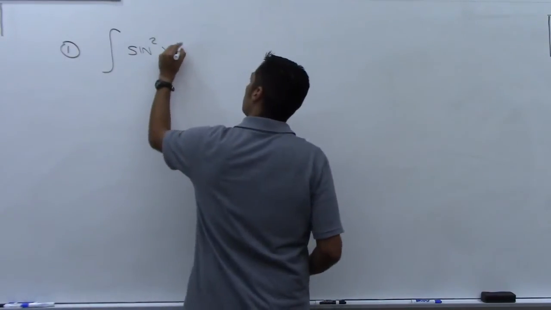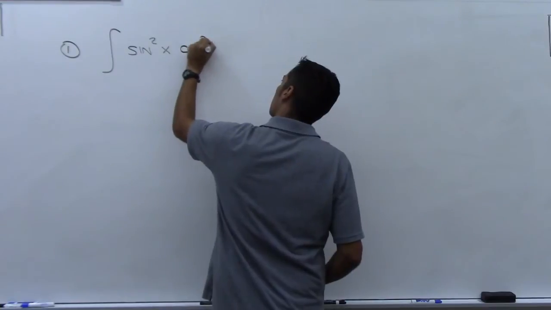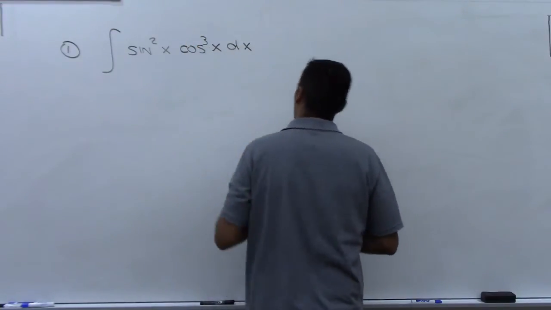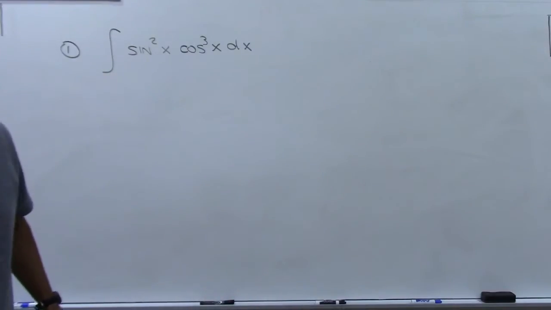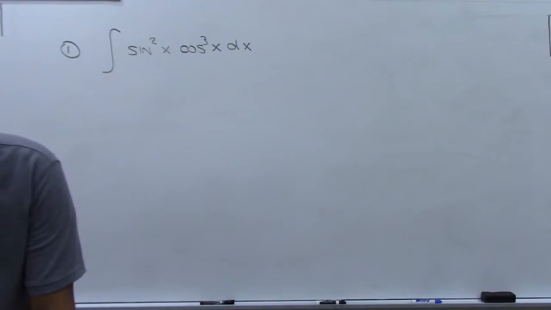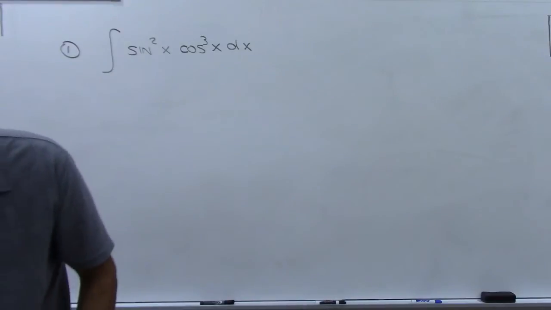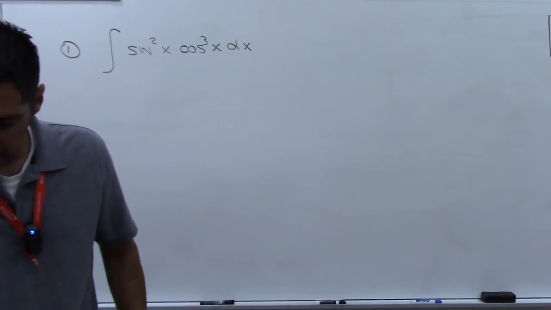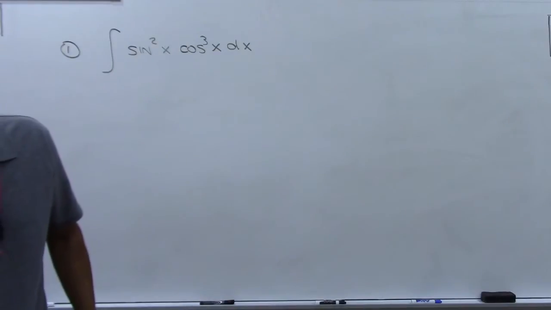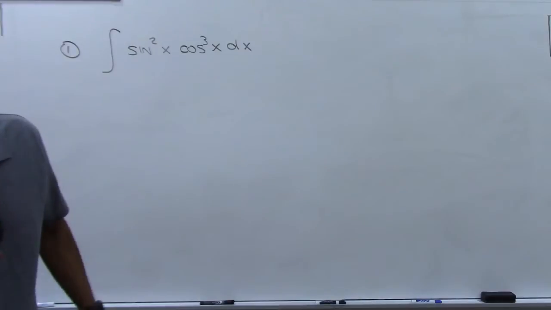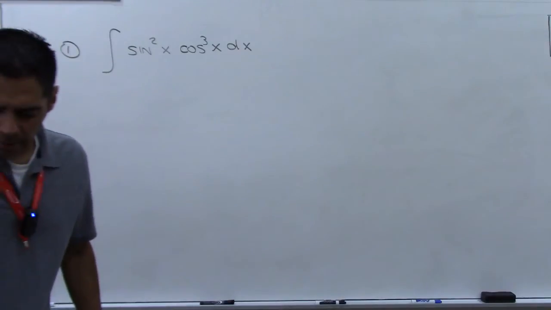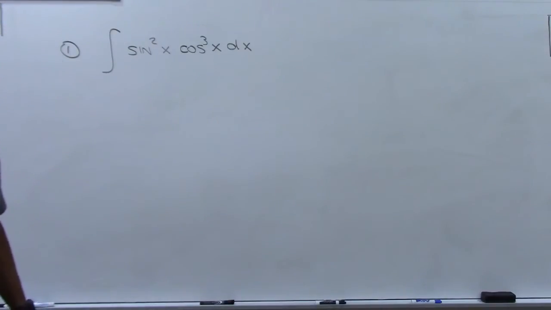All right, so going through the steps, the procedures that the notes give you say that if cosine is odd, then we're going to factor out one of the cosines.